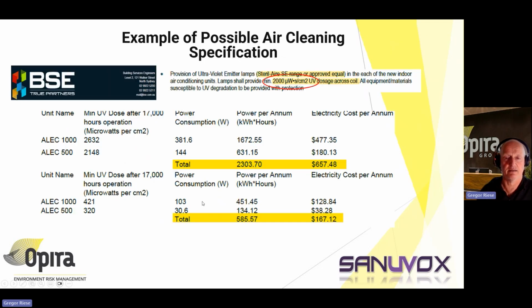I'll just go back to that slide, where we compare this to our recommended dose of 250 microwatts. This is $657 per annum electricity versus $167 per annum to achieve that air disinfection rate. So it's quite a significant jump in electricity costs in what are 2 fairly small air handlers.